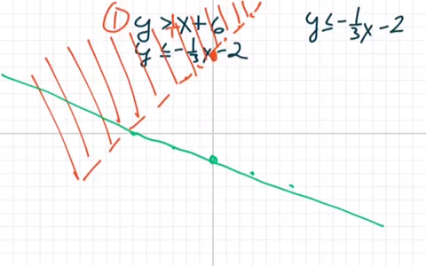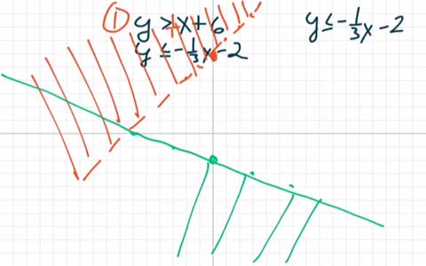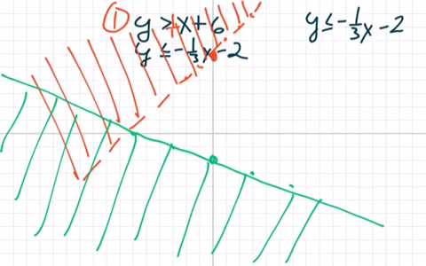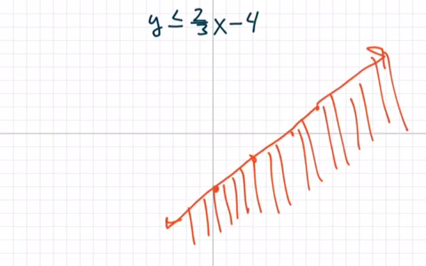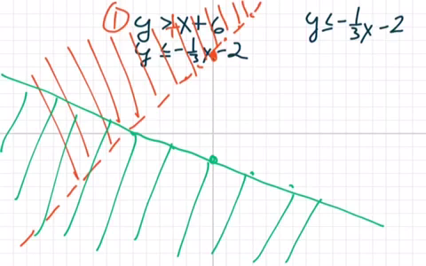And we're shading below the line because it's less than, so the y values that are smaller than that, below the line. Extending out this red region, that's dotted there, and it's shaded right here.